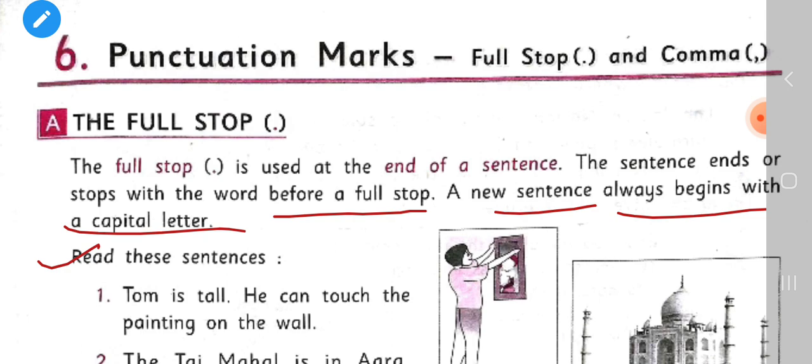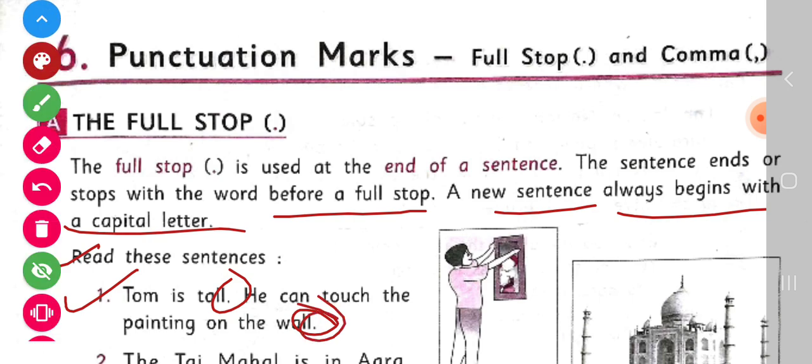Read these sentences. The first sentence is Tom is tall, and after tall there is a full stop. Okay, he can touch the painting on the wall. After wall there is a full stop. You can see at the end of the sentence.